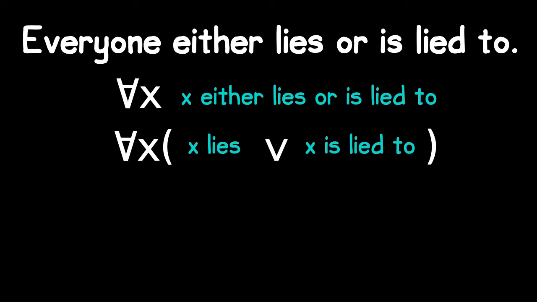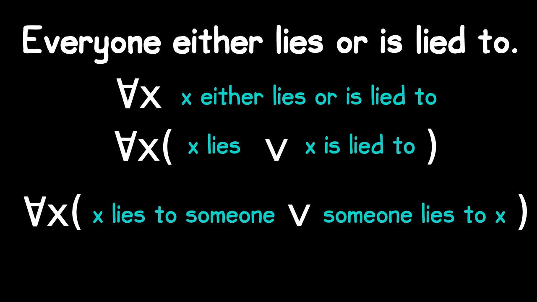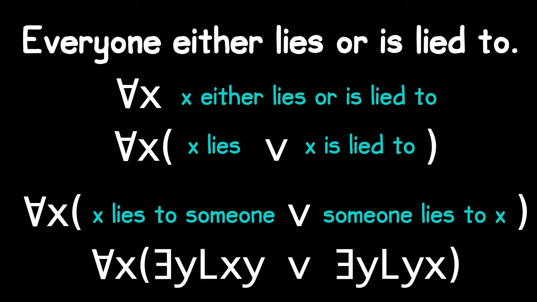And again, x lies can be paraphrased as x lies to someone. X is lied to as someone lies to x. That makes explicit that we're going to need more quantifiers. We're going to have to say someone is being lied to or lies. Taking the final step, we get for all x, parentheses, exists y, LXY, or exists y, LYX, close parentheses.